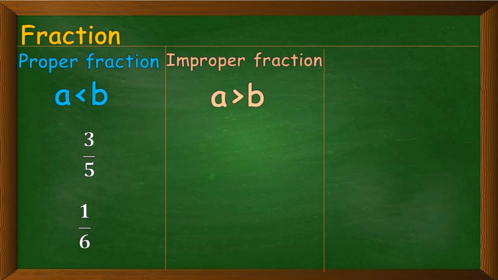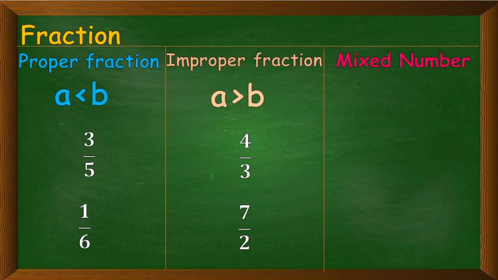Next is improper fraction, where a is greater than b. Example is 4/3 and 7/2. Both a and b here are integers, making this improper fraction a rational number.